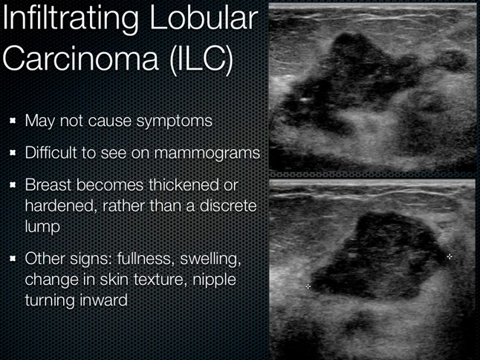Then there's infiltrating lobular carcinoma, and many of these patients don't have any symptoms at all. Again, difficult to see on mammograms. The breast sort of becomes thickened or hardened rather than having a discrete lump, but you can have breast fullness, swelling, change in the texture, and the nipple can change as well, turn inward.